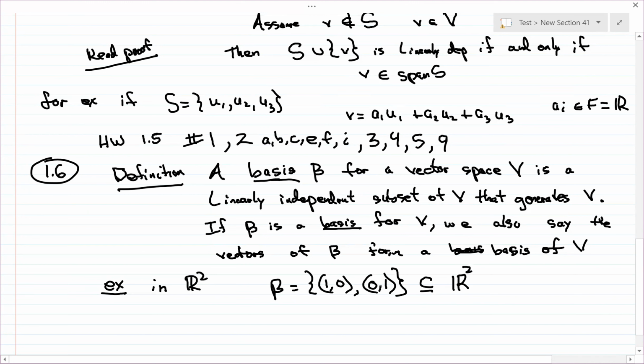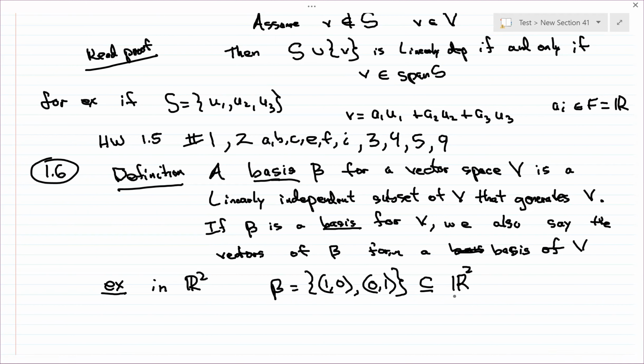All the vectors in R2 are all the 2-tuples like that. And so that's a subset, and it has to have two things to be a basis. Beta, of course, is the Greek letter, the second letter of the Greek alphabet, for B. So beta is for basis here.